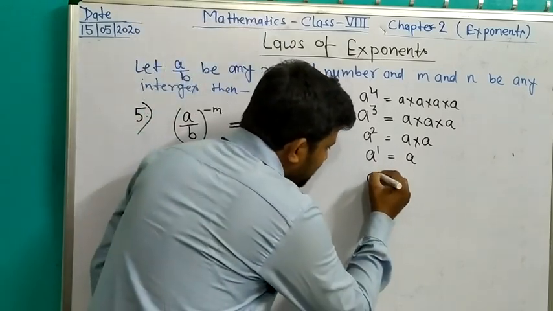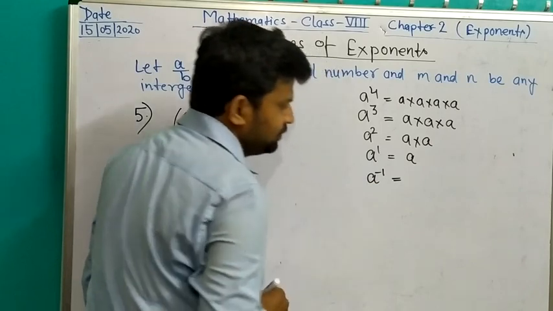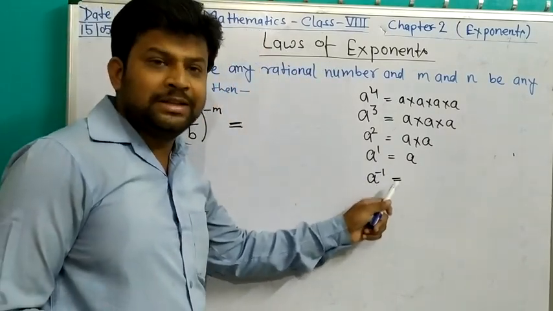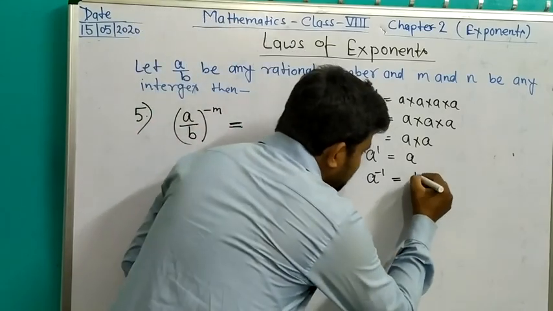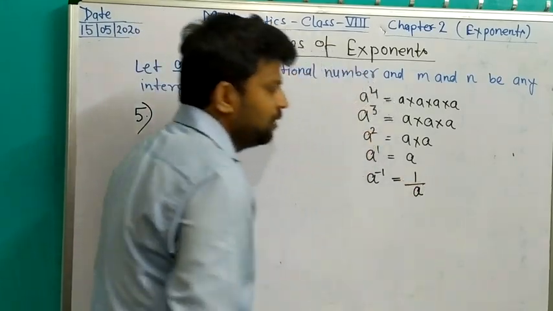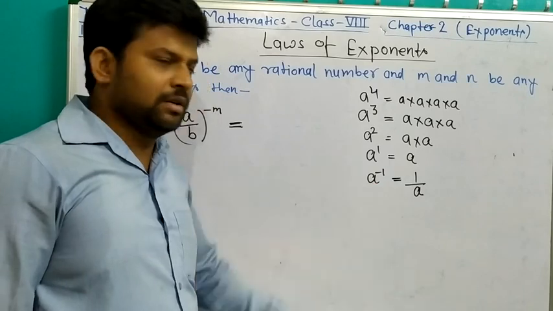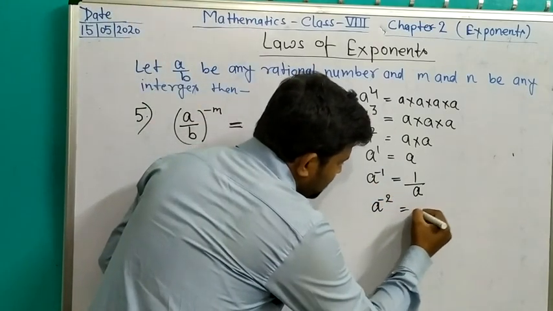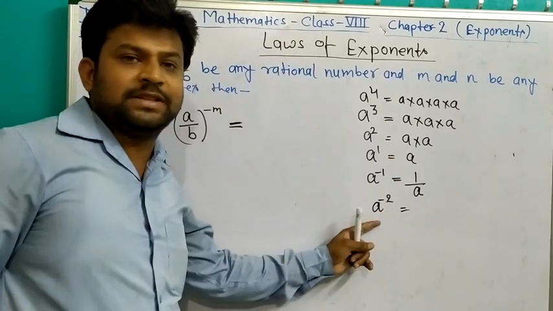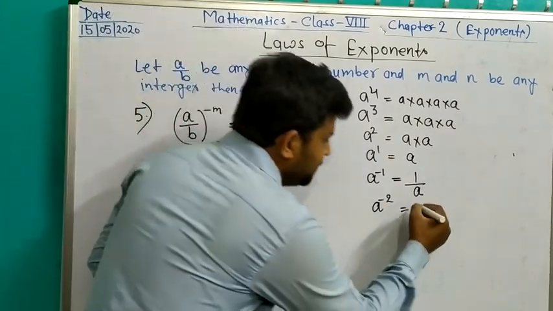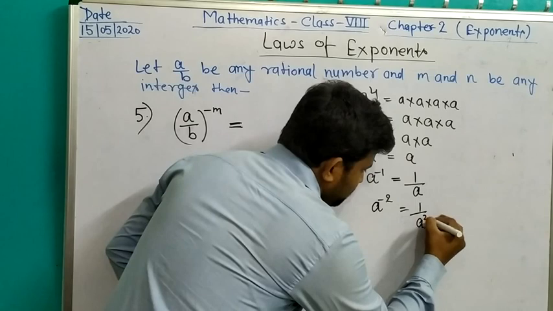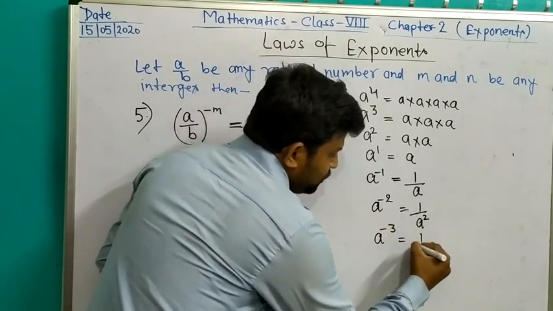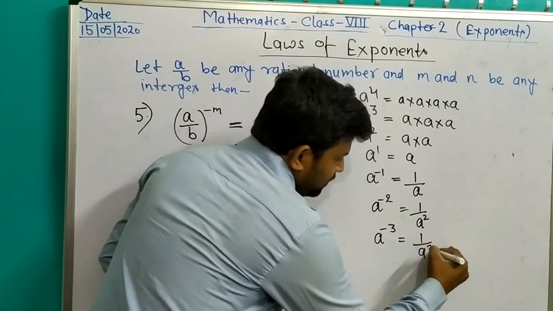And when we write a to the power minus 1, it means we divide 1 by a. And a to the power minus 2 means the reciprocal of this number, which is 1 upon a to the power 2. And a to the power minus 3 equals 1 upon a to the power 3.